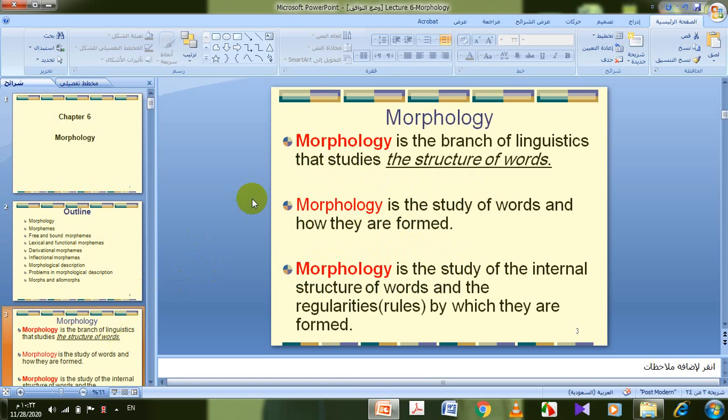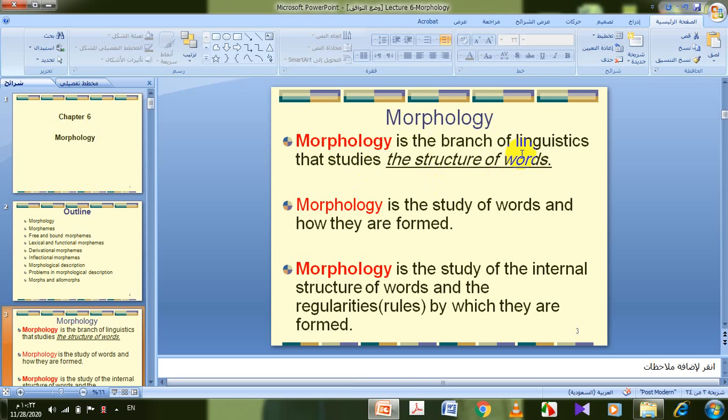Okay, let's have a look at the definition of morphology. We have already talked about and discussed this term, morphology. Morphology is the branch of linguistics that studies the structure of words. So it focuses on words. The whole idea is about words and how they are formed.